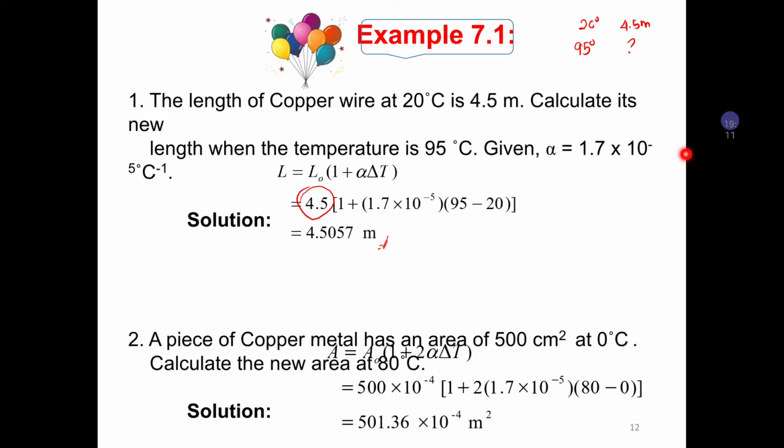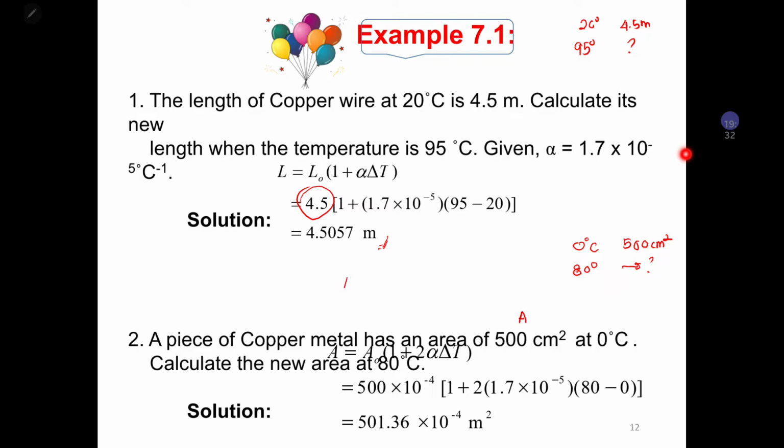Okay, a piece of copper metal has an area of 500 centimeter square. This is the original area at 0 degrees Celsius. Calculate the new area at 80 degrees Celsius. What is the new area?